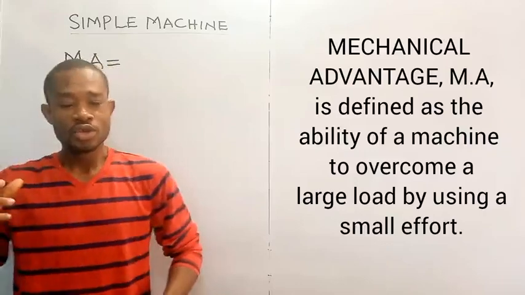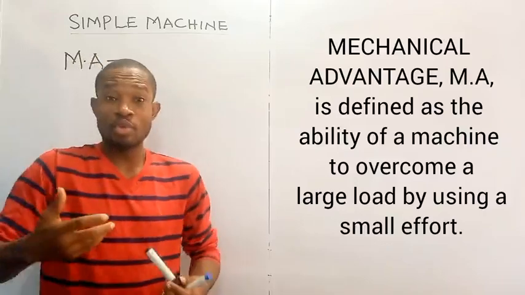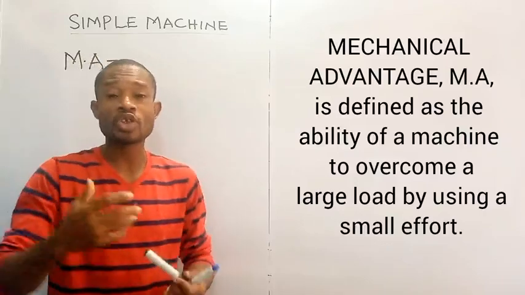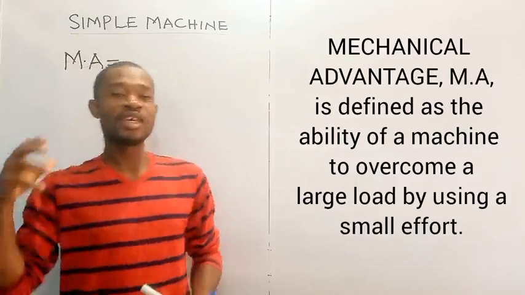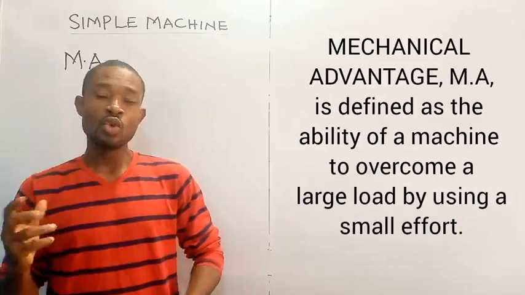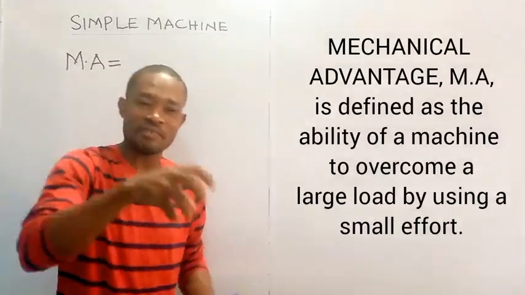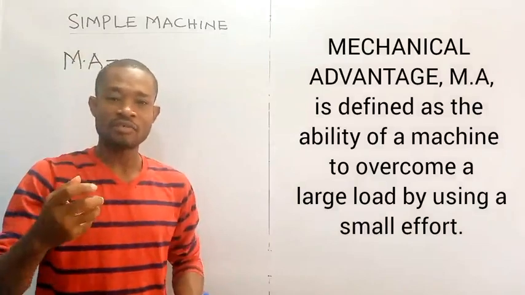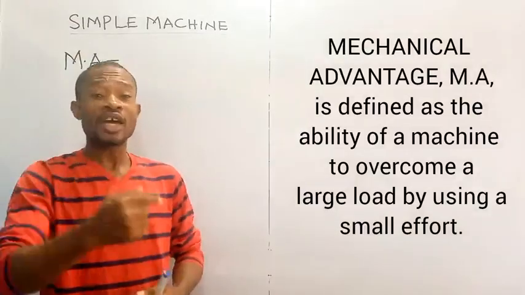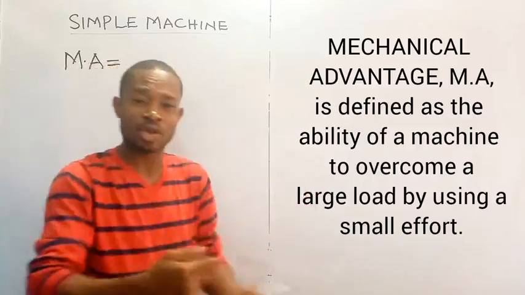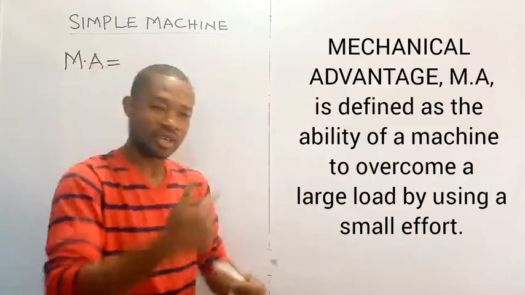Remember this. You, who may be the human, or the operator of the machine, will give in effort. You will work on the machine. You will apply a certain effort. Are you following, right? Force on the machine. Then the machine will bring out an output, a result.